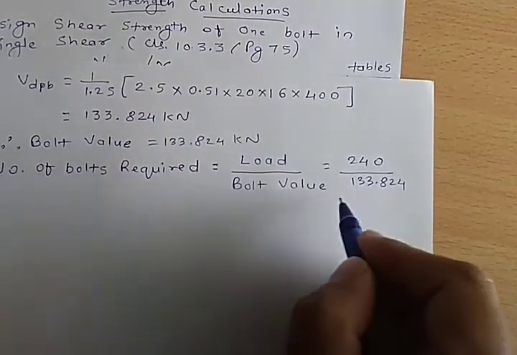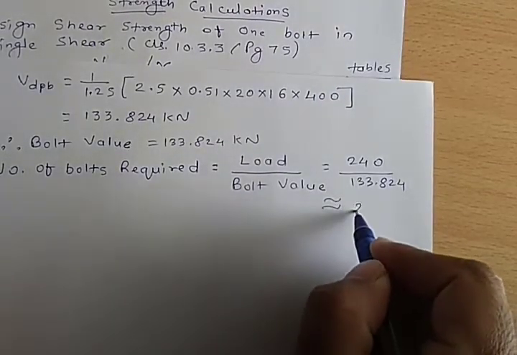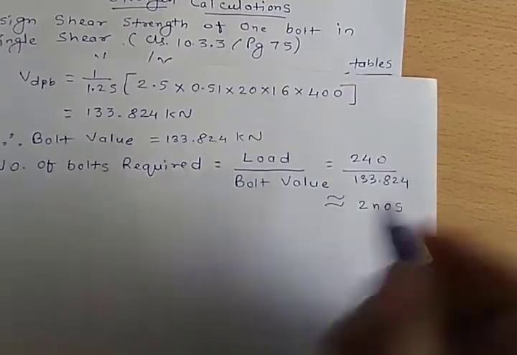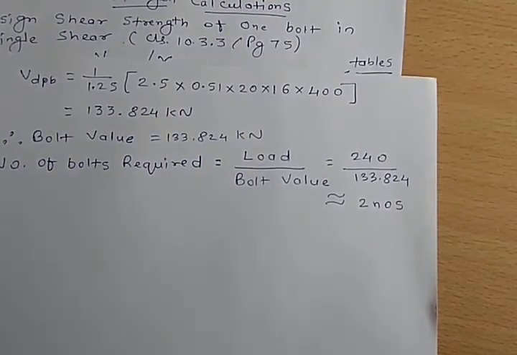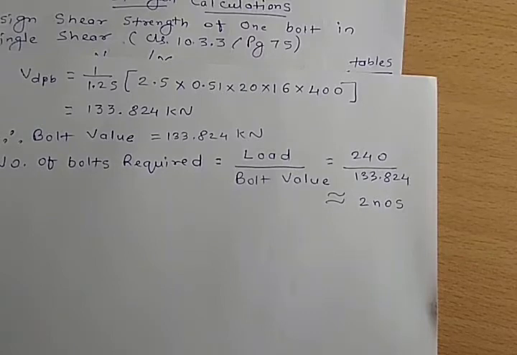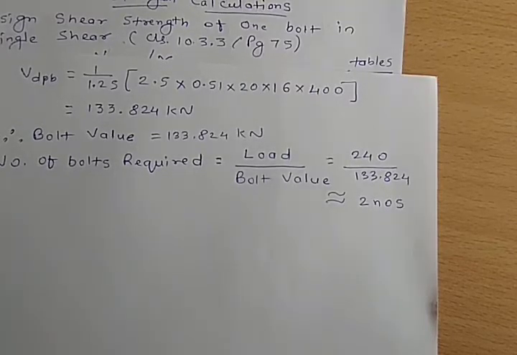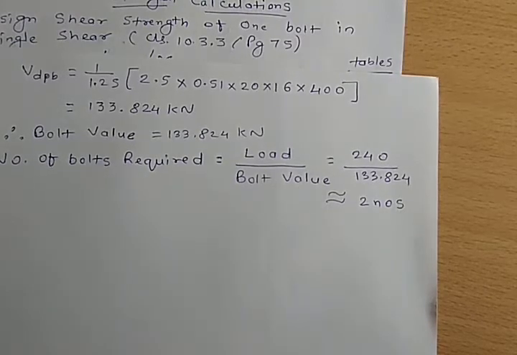If you solve and round up, you will get two bolts. So this is all about step number 2, where we have calculated the two different strengths of one bolt by referring to IS 800 2007.